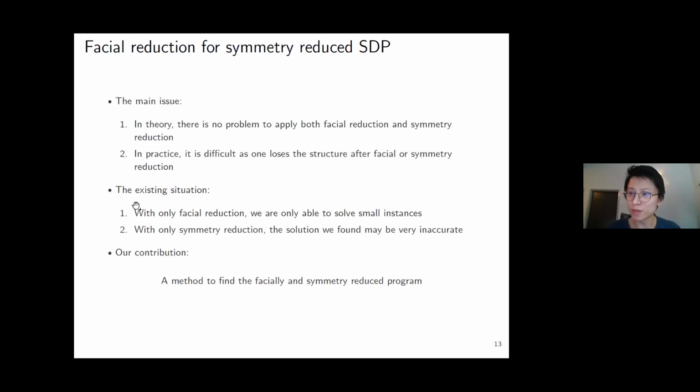And so what people currently do is either facial reduction only, and that means they are only able to solve small instances. Or they do symmetry reduction only, but that means the solution we find may be very inaccurate. And this is a topic that is a bit underestimated in the community.